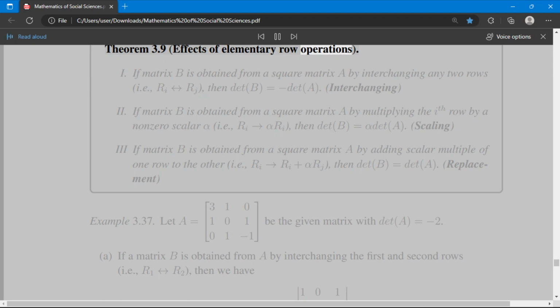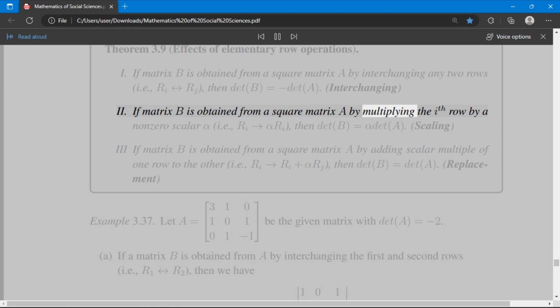Theorem 3.9. Effects of elementary row operations. 1. If matrix B is obtained from a square matrix A by interchanging any two rows, i.e., Ri ↔ Rj, then det B equals minus det A. Interchanging. 2.